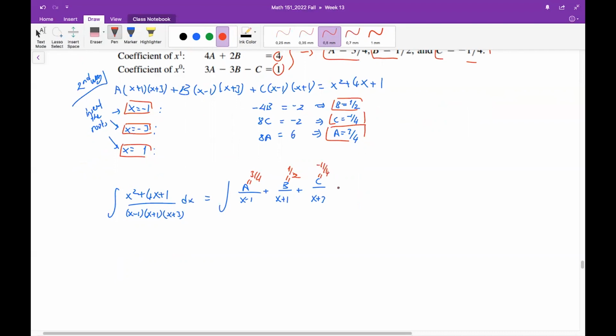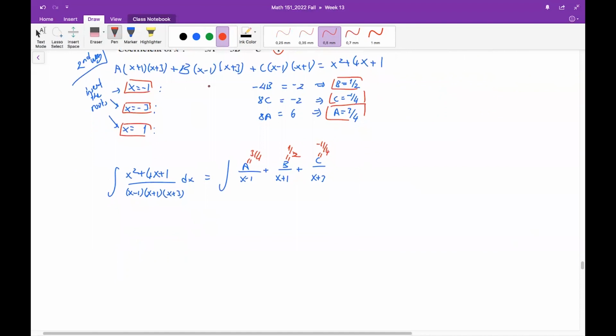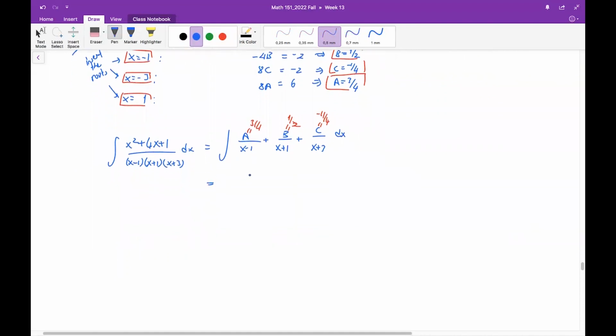Right? And then you can integrate from the right-hand side easily. These are all ln functions after the integration. So 3/4 is just a constant in front, ln of x minus 1. 1/2 is just a constant, ln of x plus 1.